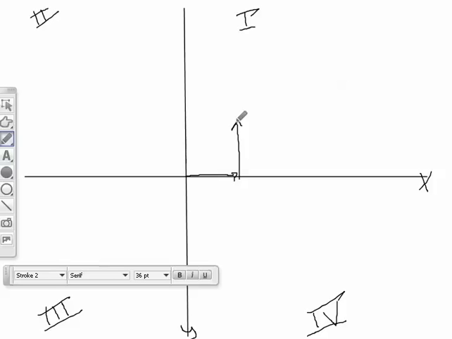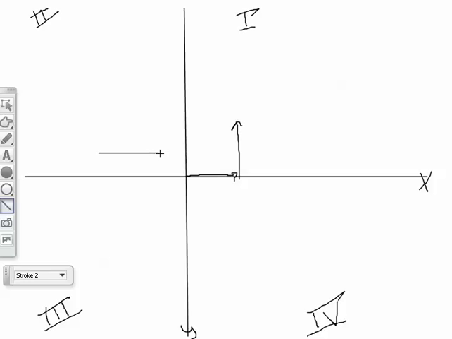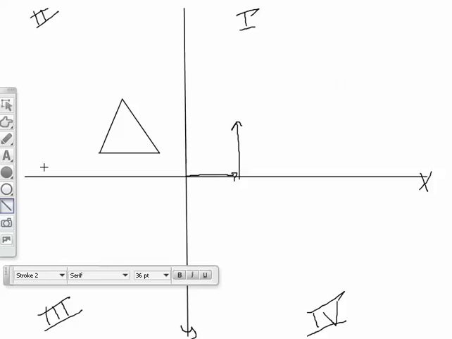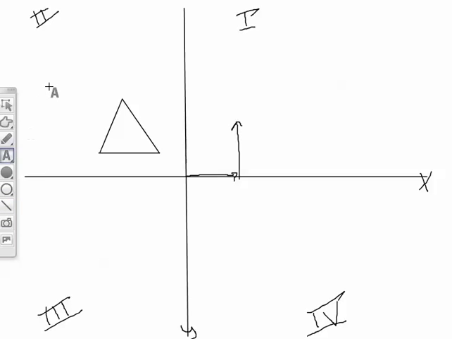Now, what I showed you last time, I gave you a rule. If we had a triangle located somewhere in the coordinate plane, and I'll just draw a triangle sitting here, just like that, I gave you a rule. What did I say a rule was? It was something along these lines.